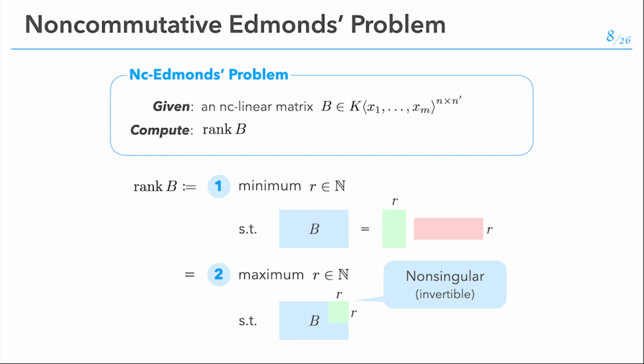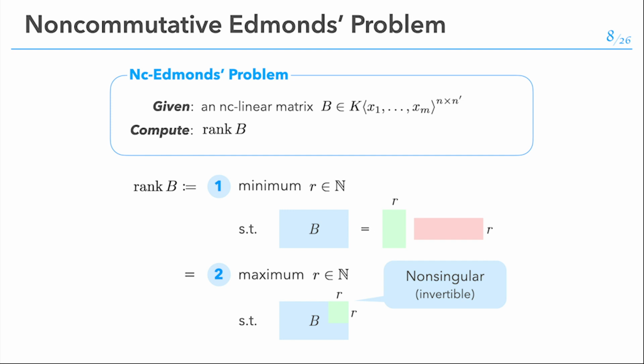The first one is the rank of B is defined as the minimum r such that B can be decomposed into the product of two matrices of size: if B is n times n, then the first left matrix is n times r, and the right matrix is r times n.